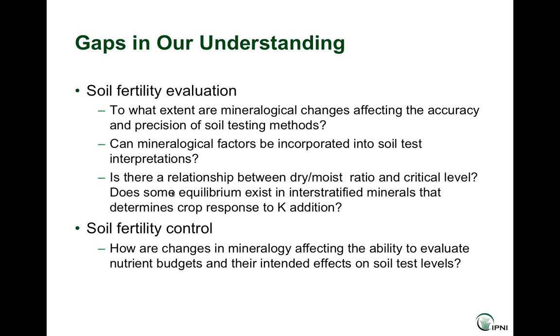Maybe there's something there that might help us. Maybe there's some sort of equilibrium that exists. If we could understand that, maybe we can do a better job of coming up with site-specific critical levels for various soils. So that's all under evaluation.